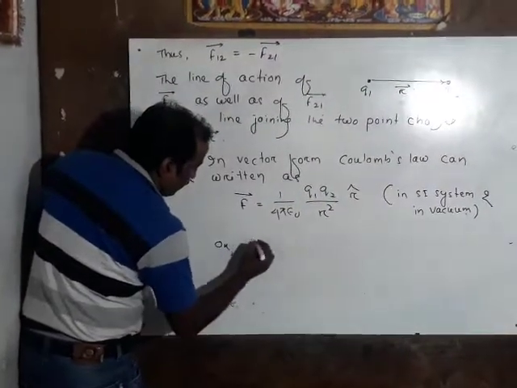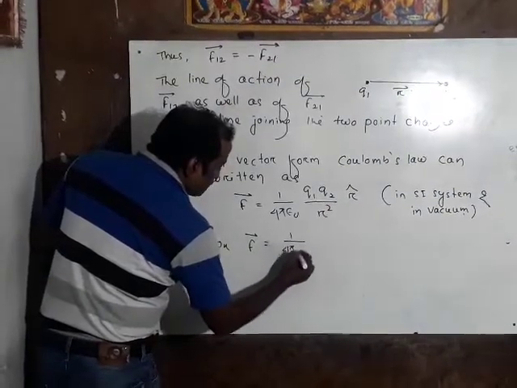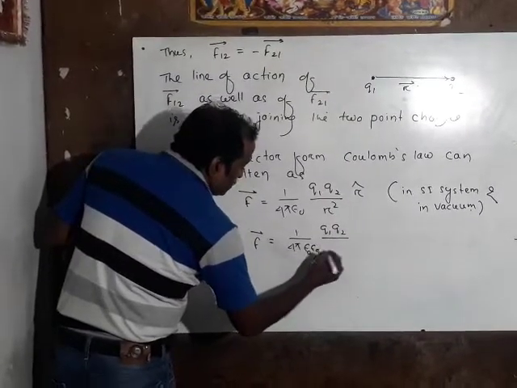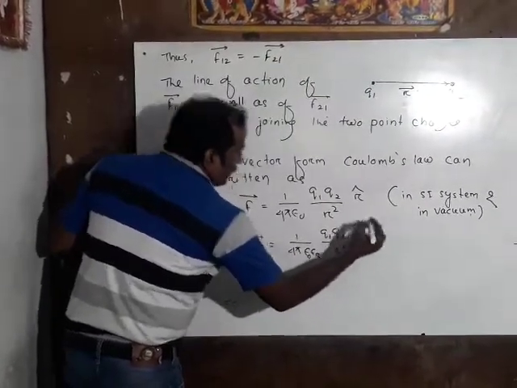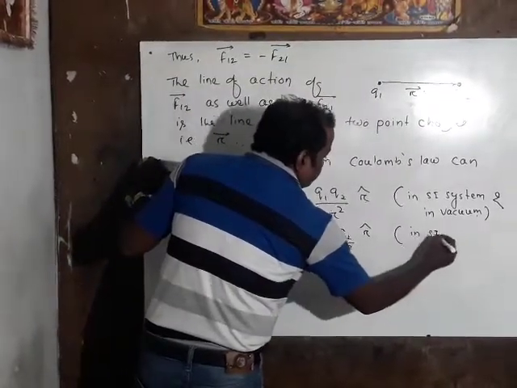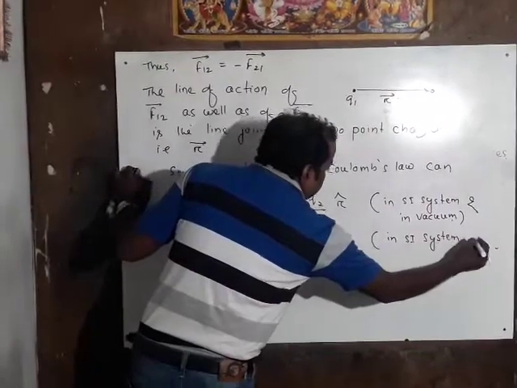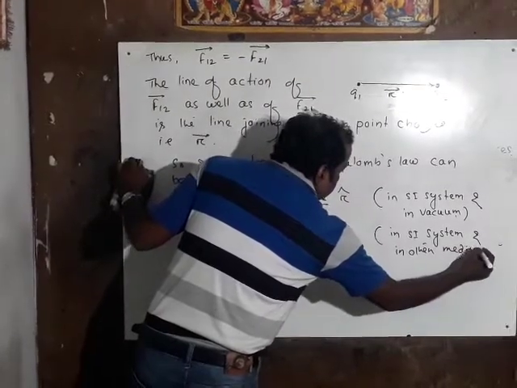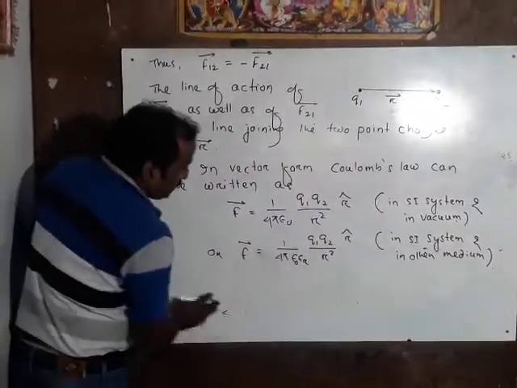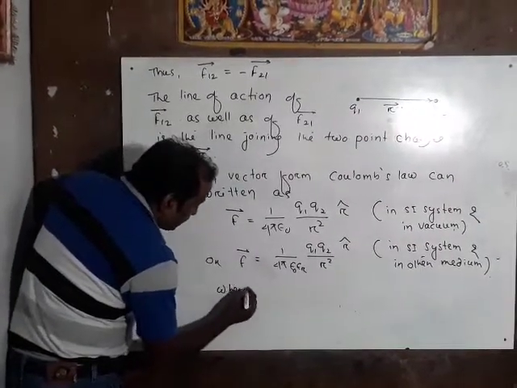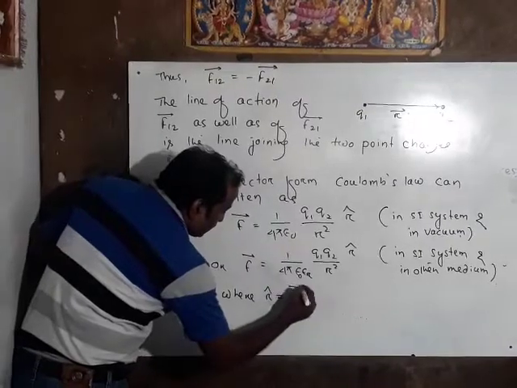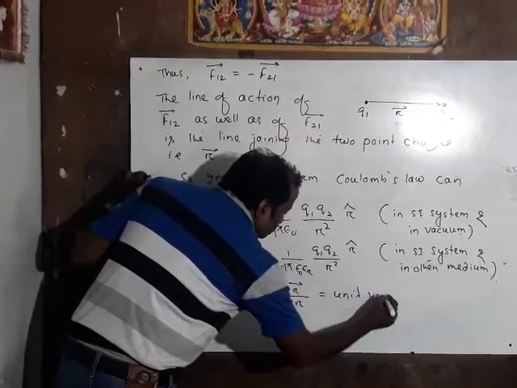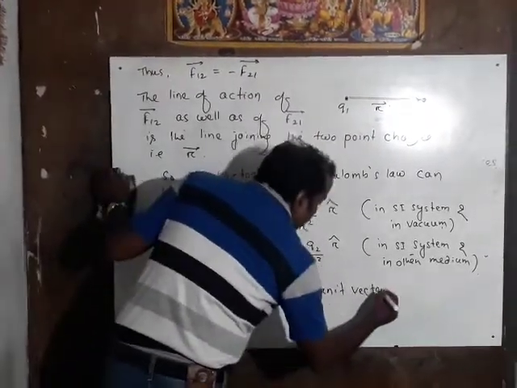Or F equals 1 by 4 pi epsilon, Q1 Q2 by R square R cap, where epsilon 0 and epsilon apply in the SI system and in another medium. Here R cap is R by simple R, the unit vector along R.